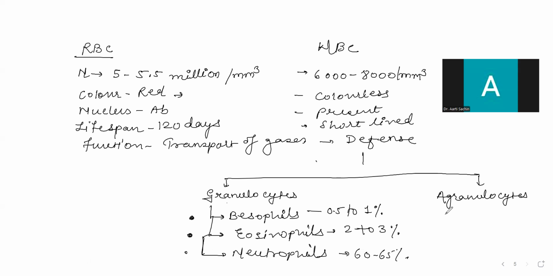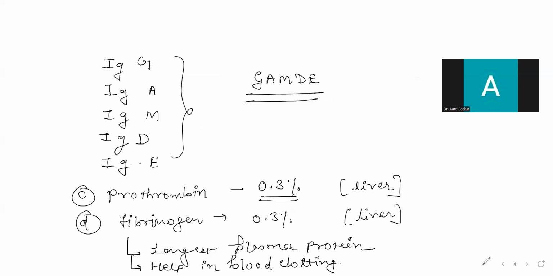Next, we come to the agranulocytes, which have monocytes and secondly lymphocytes. Monocytes are 6 to 8%, while lymphocytes are 20 to 25%. The function of monocytes, again, is phagocytic action, while lymphocytes are involved in the immune response of the body.